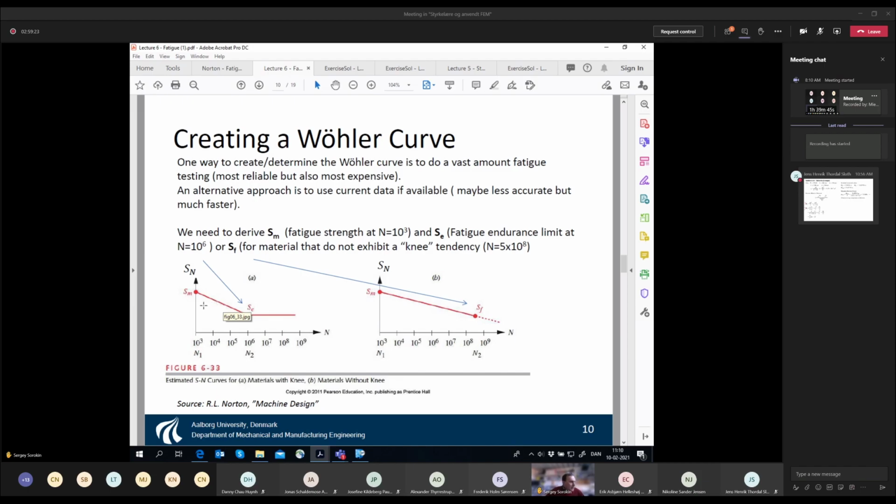So now we just say that if we have no cycles, then we have no damage, and the specimen is fully capable of withstanding loading.